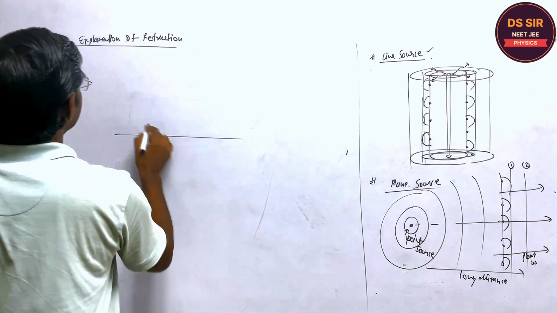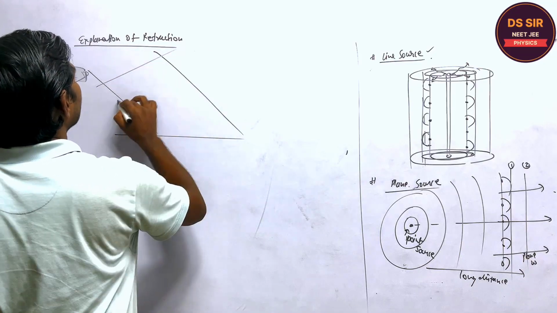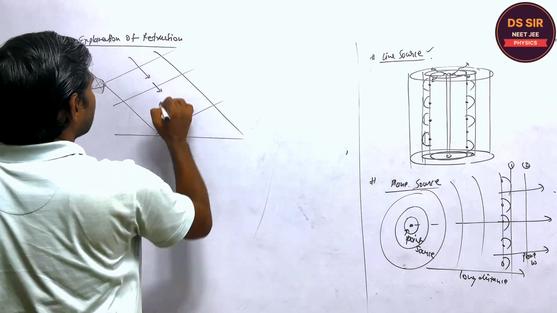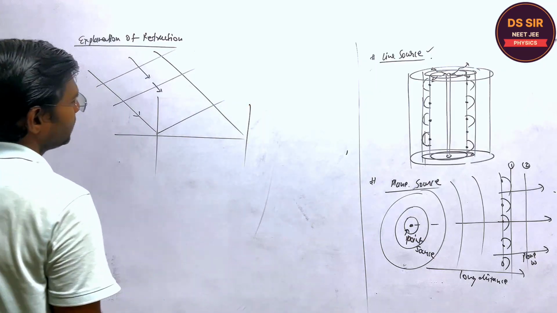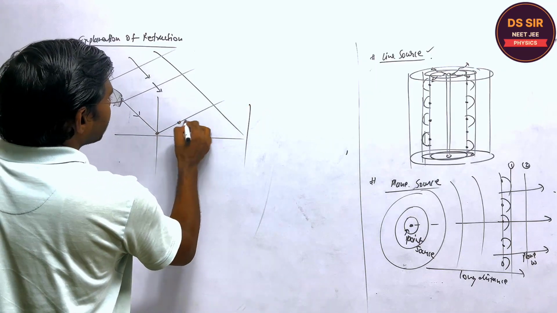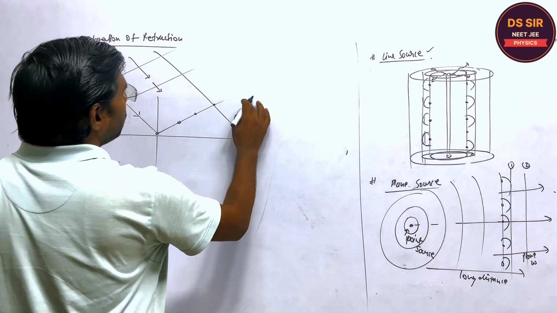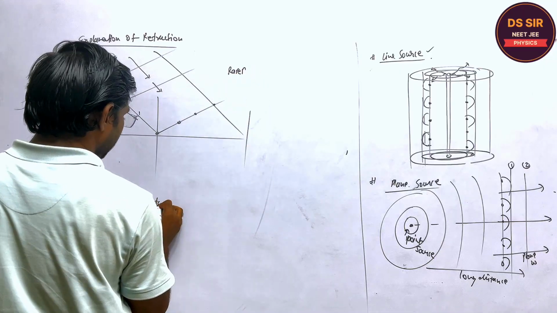What is the refraction? Suppose this is the light wave which is coming in terms of a wavefront, right? So when this light wave is incident like this, are you getting or not? According to Huygens, every point acts as a new source of light. Suppose this is the rarer medium and this is the denser medium.